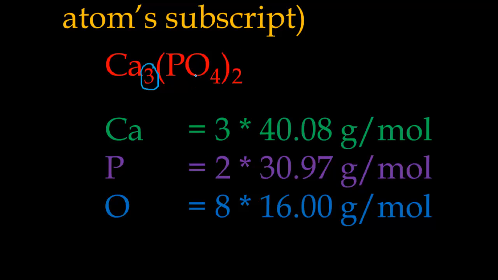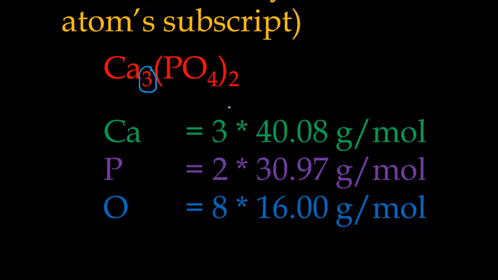We have 2 atoms of phosphorus, because remember there's an implied 1 here, and whatever's inside the parentheses has to be multiplied by the number that's outside of the parentheses. So there's a 2 outside of the parentheses, so we need to multiply it by this 1. 2 times 1 is 2, and that's why phosphorus is 2 times 30.97 grams per mole. Oxygen, we have 8, because we need to multiply the 2 times the 4. 2 times 4 is 8.